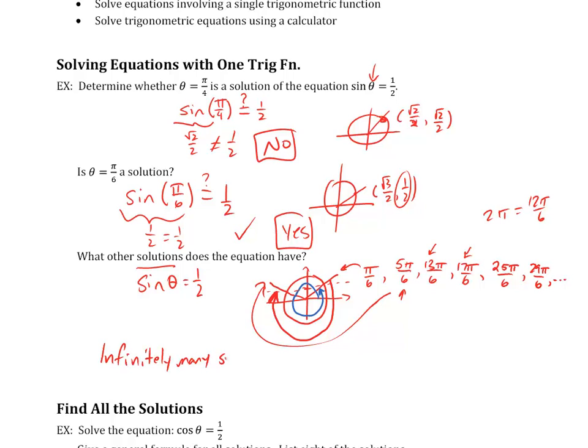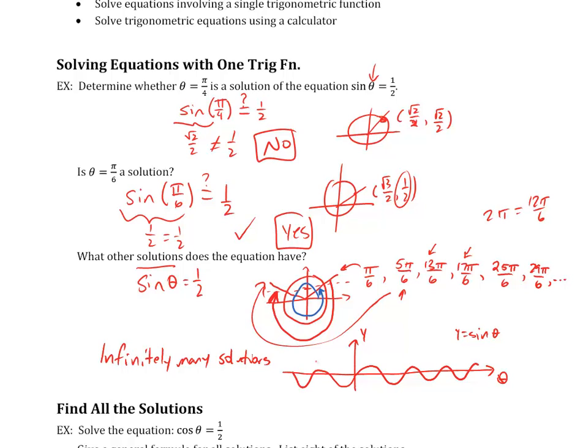An alternative to this is you can also see it looking at the graph of the sine function. If this is theta and this is, say, y, and we look at the graph of y equals sine of theta, remember it's this sine wave, like this.